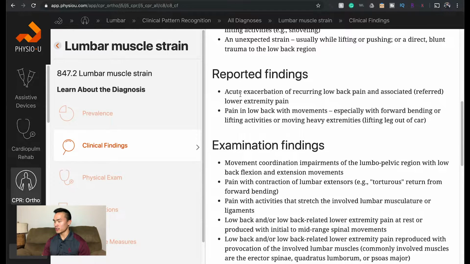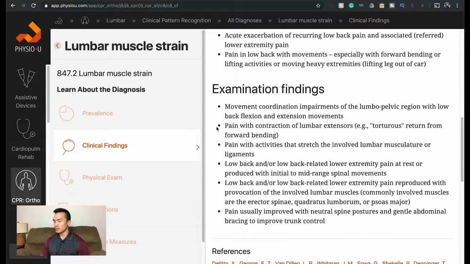Okay, reported findings, acute exacerbation of recurring low back pain and associated or referred lower extremity pain, pain in low back with movements, especially with forward bending or lifting activities or moving heavy extremities, like lifting the leg out of the car.